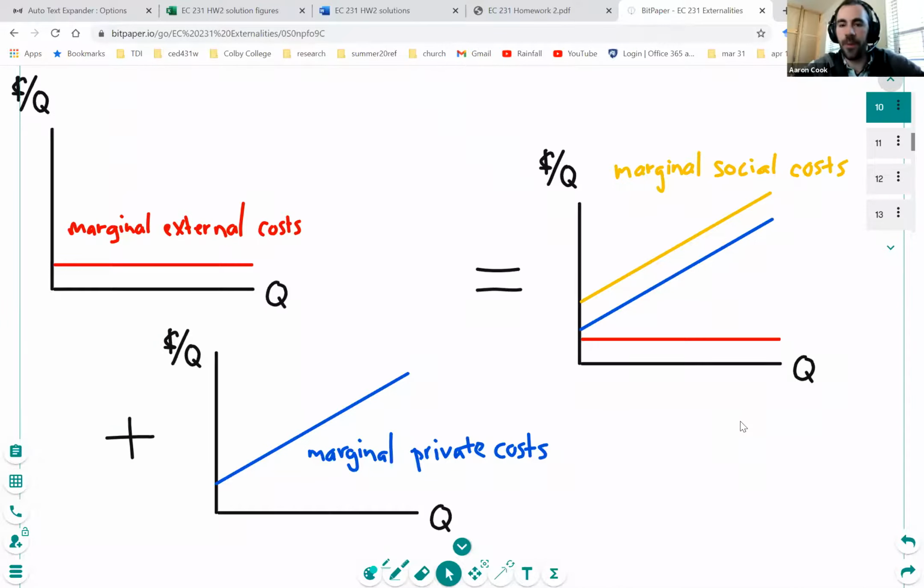And we talked about how we incorporate that into the analysis by mapping out what those external costs look like. That's our marginal external cost curve that we have here on the left, the red line. We specify the level of marginal external cost at each unit of production, and then we essentially just stack that on top of the marginal private cost curve. It's just a vertical sum of those two curves.